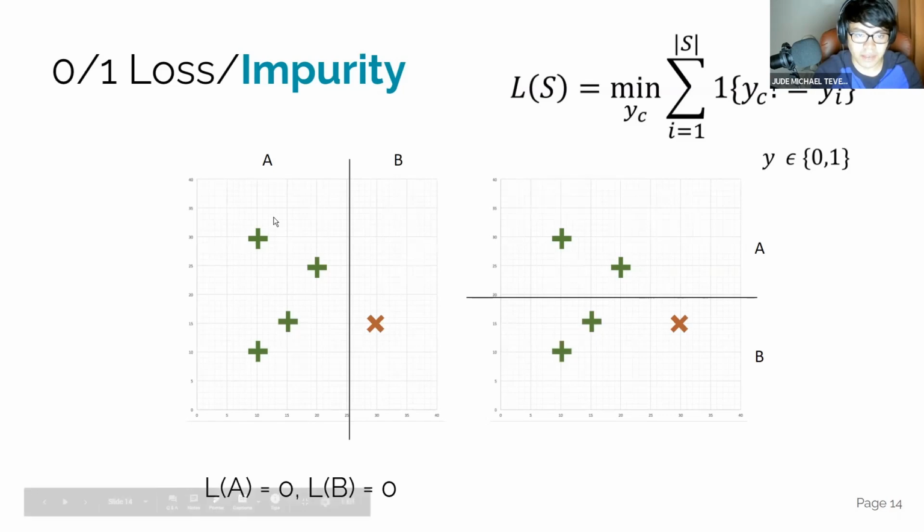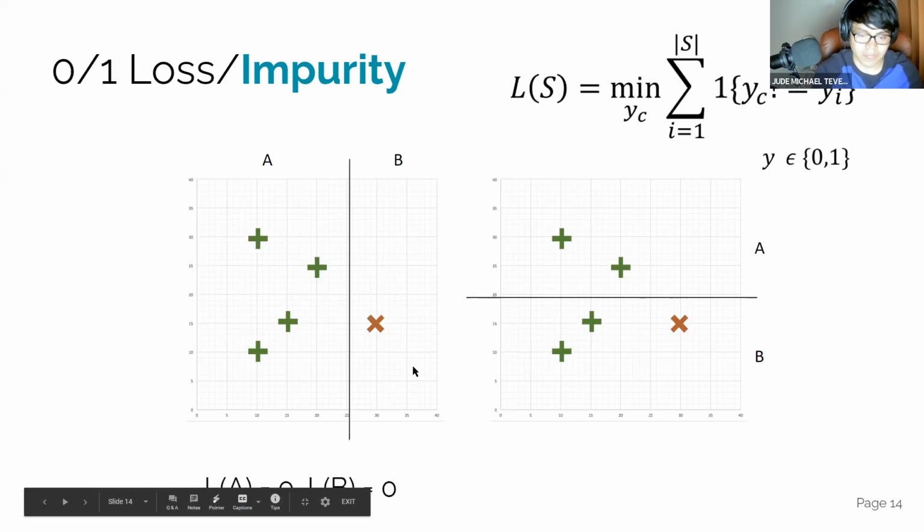This one will have an impurity of 0 because it's homogeneous. It contains just the positive labels. Whereas in set B, we only have the negative class, so it's still homogeneous. So we have a loss or impurity of 0.